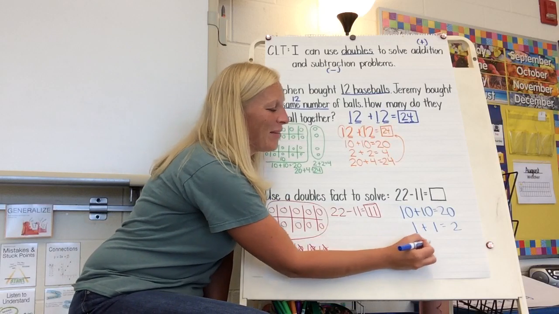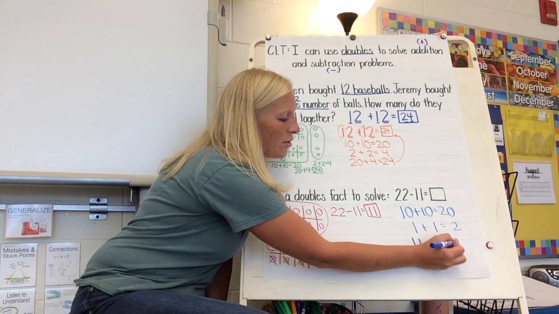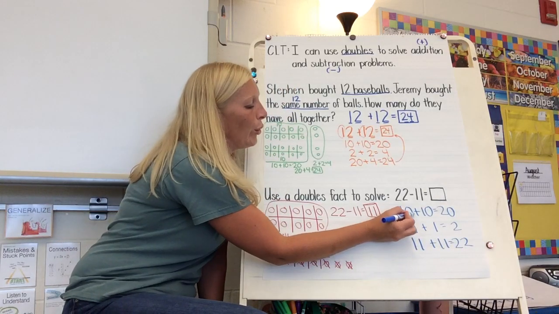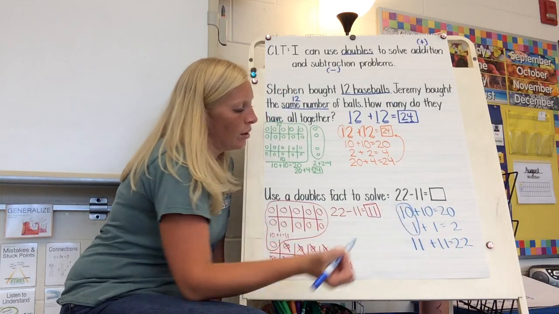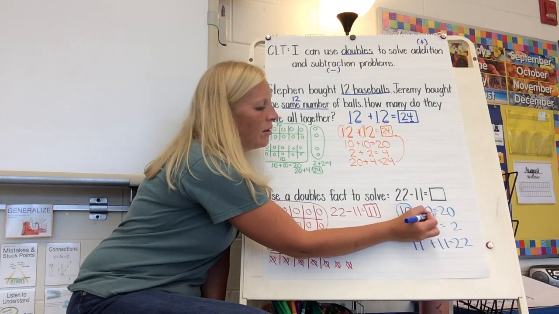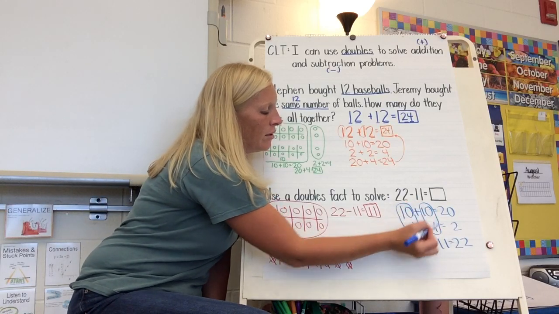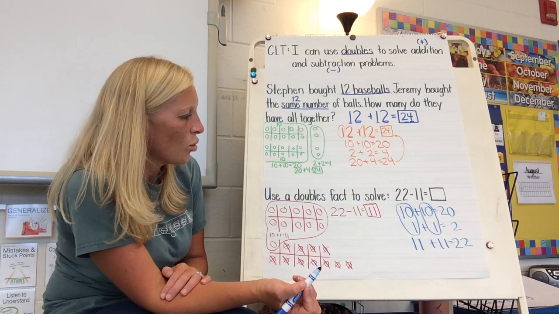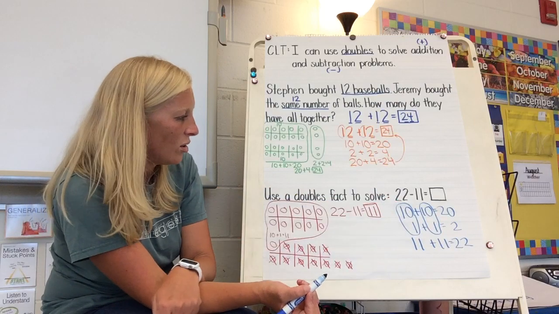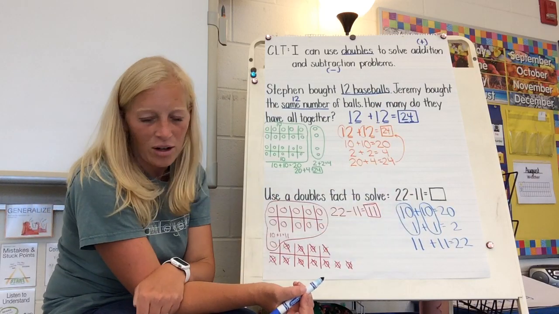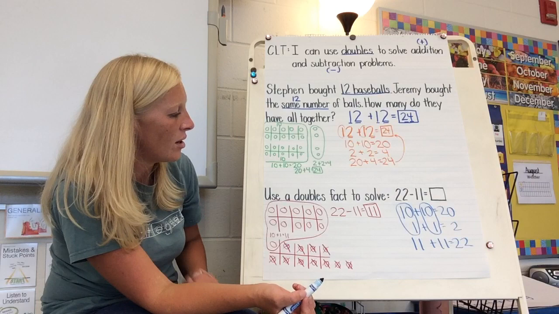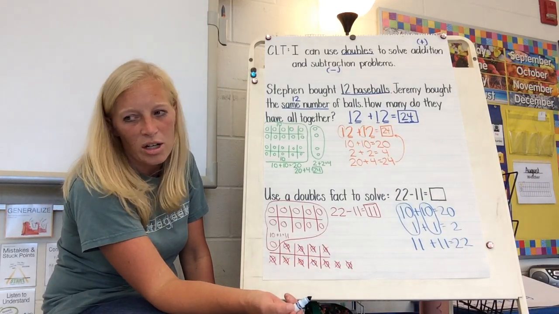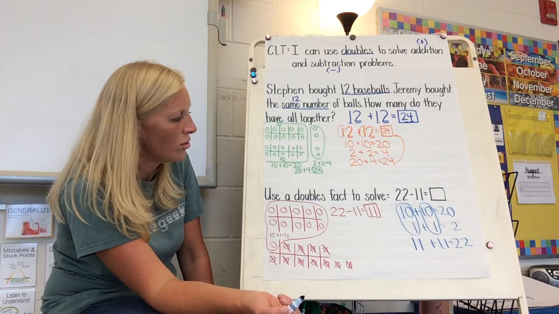Okay. 11 plus 11 equals 22. Where are you getting that 11 from? What about the other 11? So you knew that 10 plus 10 equaled 20, and you're trying to get close to that 22, and 10 and 11 are close. Very good. So how does knowing 11 plus 11 equals 22 help you solve 22 take away 11?